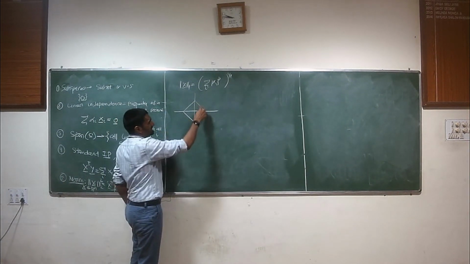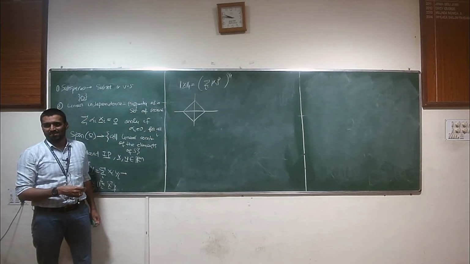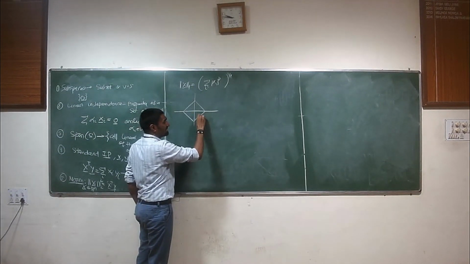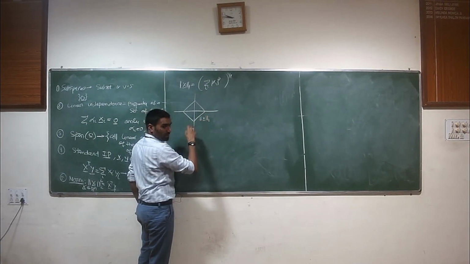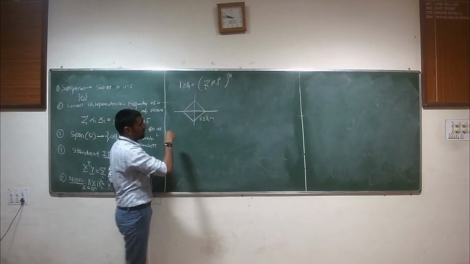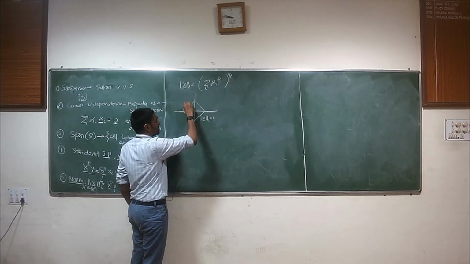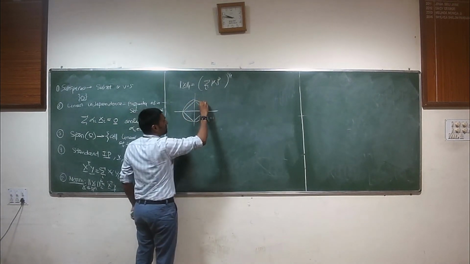What are all these points? These are all points with the same one norm. Let's say it's equal to 1, some value. What about the 2 norm? What will that look like? So it looks like a circle. It is a circle. Not looks like a circle, it is a circle.